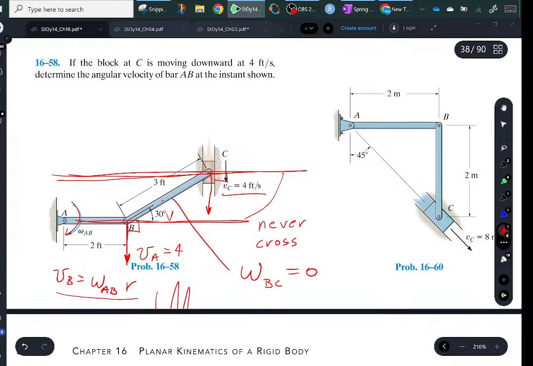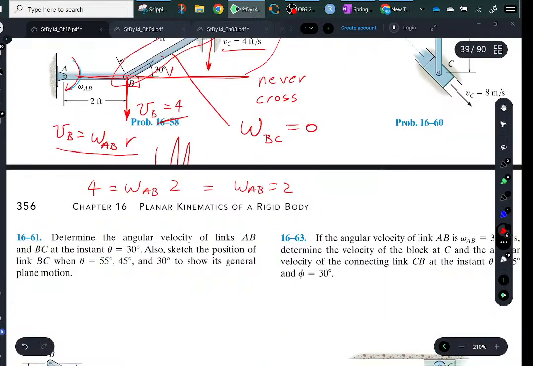I meant to write B there, not A. So velocity of B is 4, because it's that. Omega AB, I don't know, and R is 2. So therefore, omega AB is just equal to 2. And that's because you noticed that the thing is in pure translation.